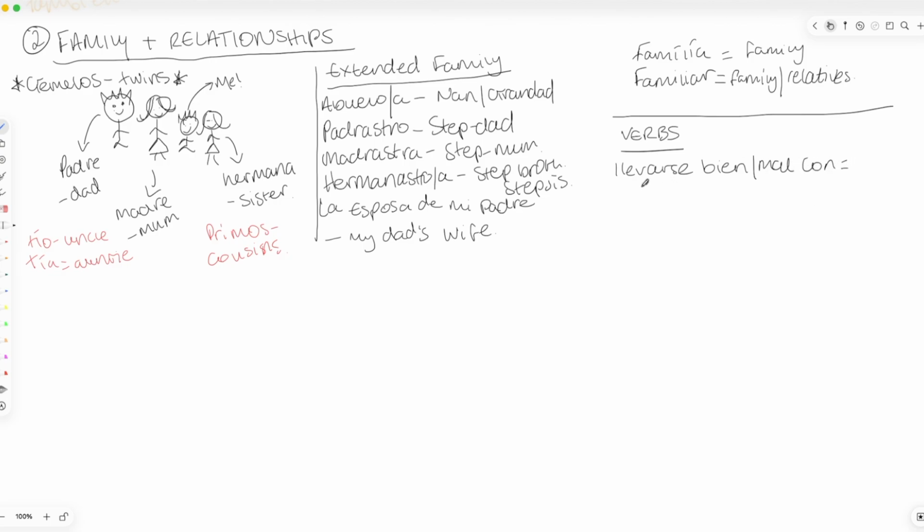So that's to get on well or badly with. That's one that they love checking in the reading exams as well. You can use that to your advantage. You'll notice that it's not the traditional infinitive form. It's actually a reflexive. So the verb llevarse is reflexive.